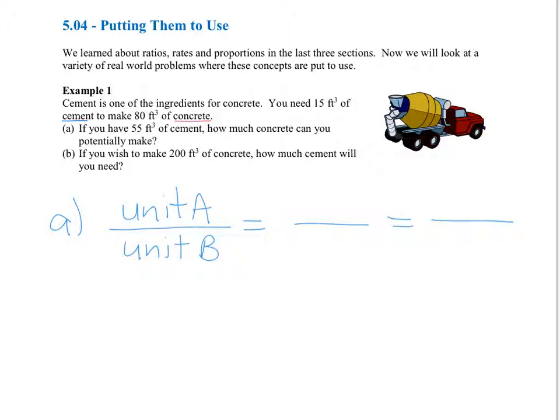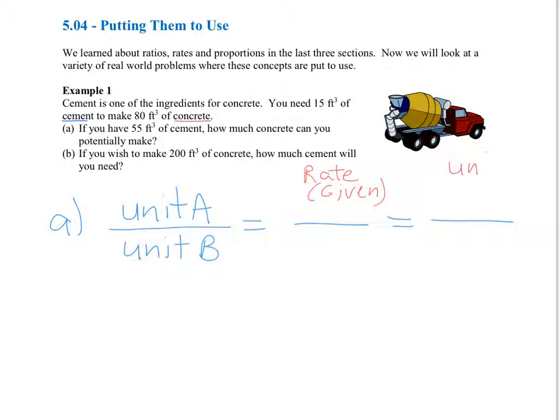And if we look at this question, we need cement and concrete. Those are the things. Now, what goes over here is the rate, and that's the one that they give you. So that's given. Then what you're going to put over here in this last section is your unknown.